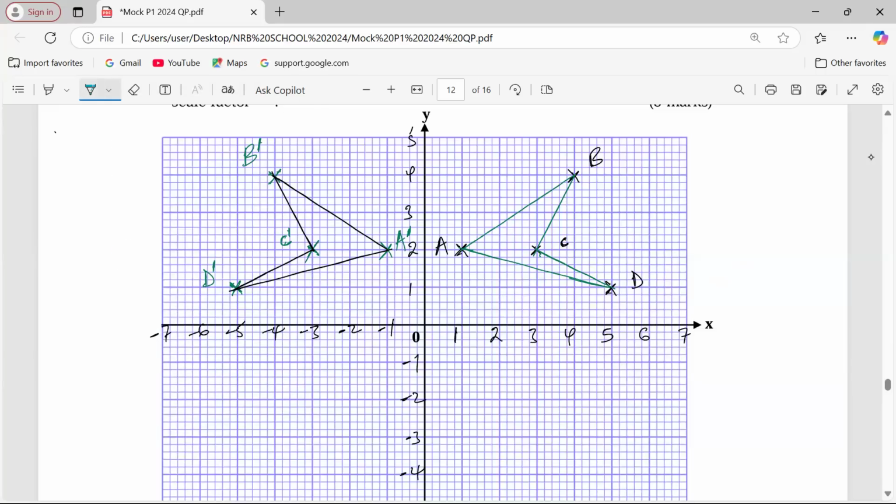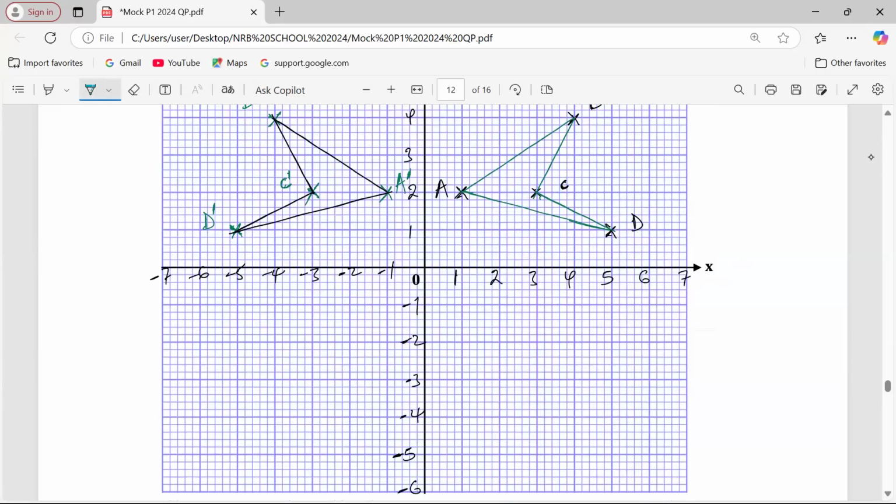Therefore, if we join A, we should move 90 in the anti-clockwise direction. So let me join A to the origin because that is the center. Then at the center, we measure 90 in the anti-clockwise direction, not clockwise. Then we move an equal distance.